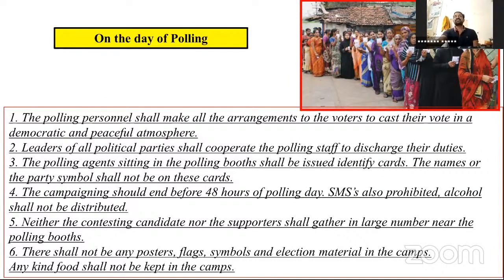SMS is also prohibited. Liquor shall not be distributed. We are using mobiles nowadays, with technology available in different ways: social media, SMS, chatting. All those activities are prohibited by the election commission two days before. And liquor is also banned.